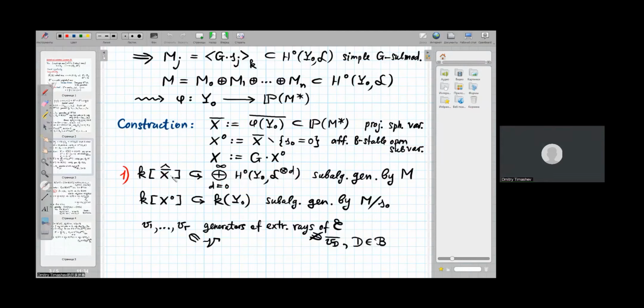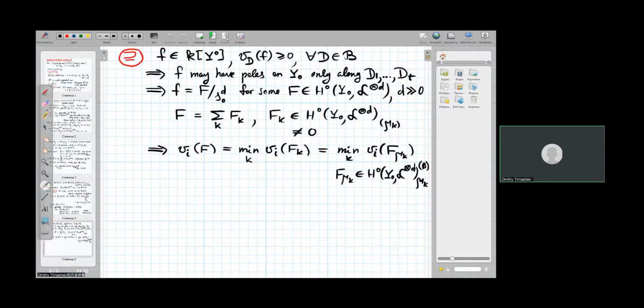Actually, the fraction field will be the same. Well, it requires some explanation, but I don't want to go deep into this because I don't need this in detail. So both these two algebras, this one and this one, have one and the same fraction field. You can try to prove it as an exercise if you like. But even if it were not so, we could extend the valuation to the fraction field of this algebra. Okay. Let's go on.